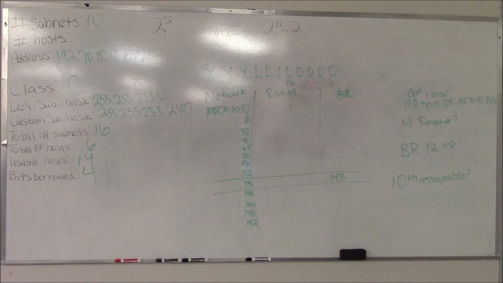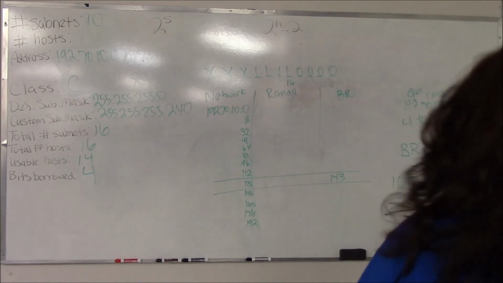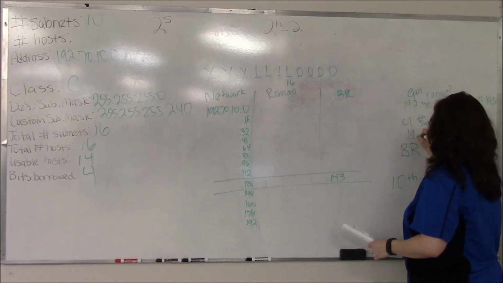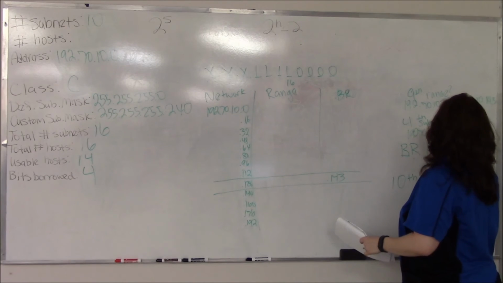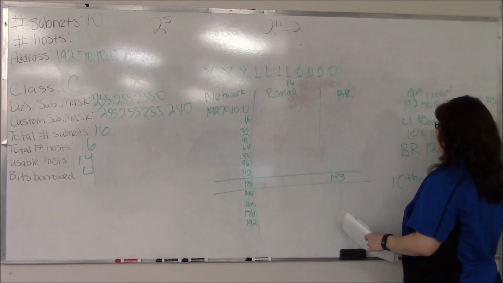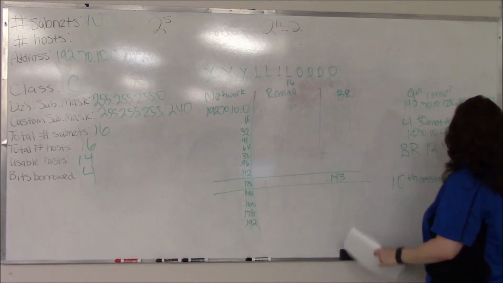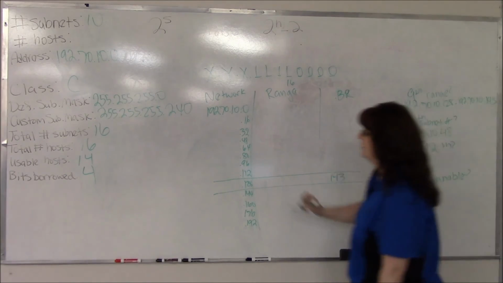And what's our 4th subnet number? 48. 192.70.10.48. Right there.